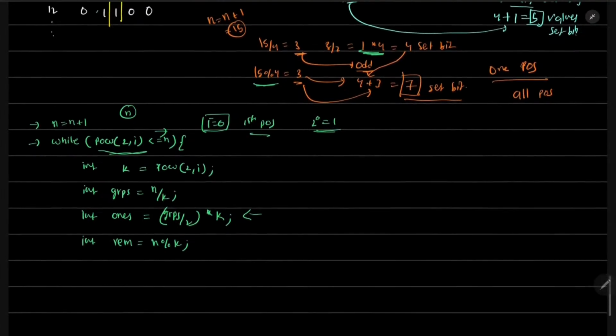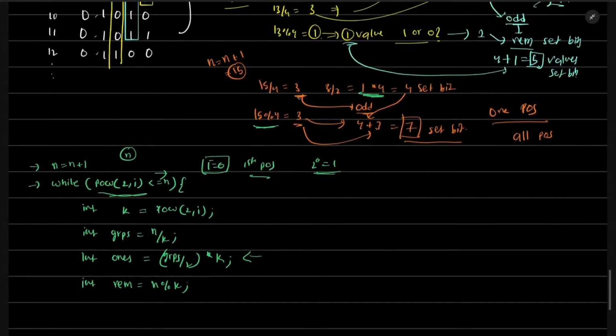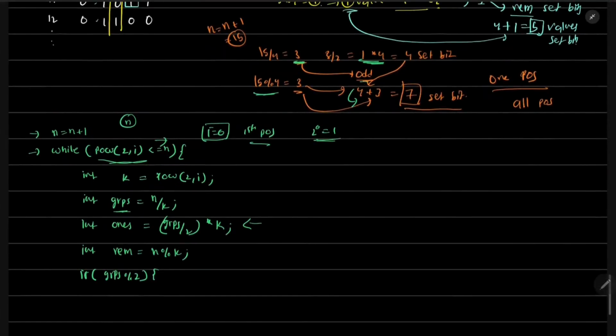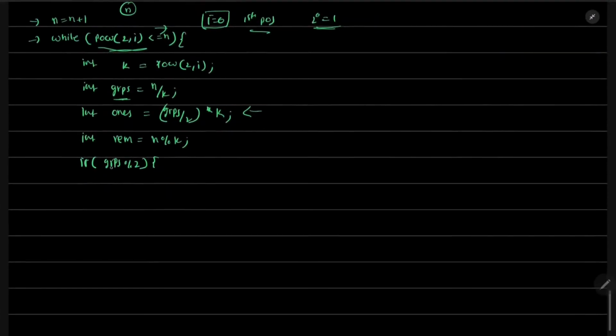So I need to find whether something is odd or not. This value, that is n divided by k, that is the group value. If the group value is odd, what do you have to do? If it is odd, then only you count it, right? So is odd is groups modulo 2. If it is divisible by 2, it is even. So what I need is the odd number, so it is equal to 1.